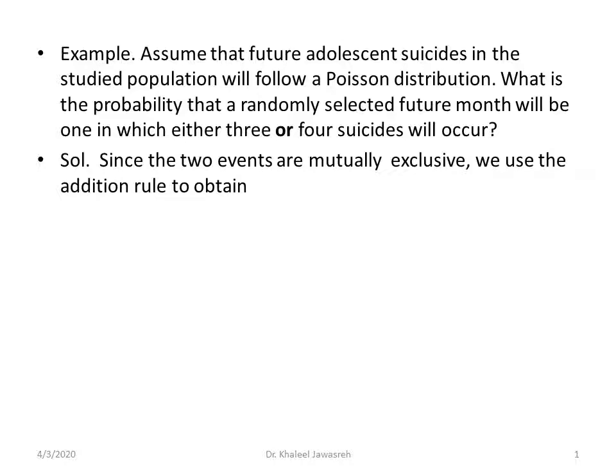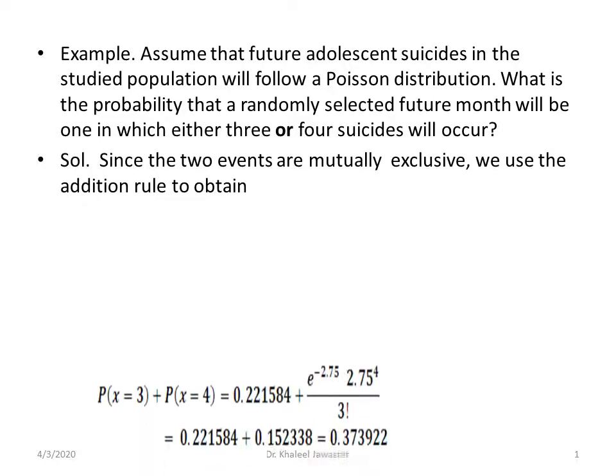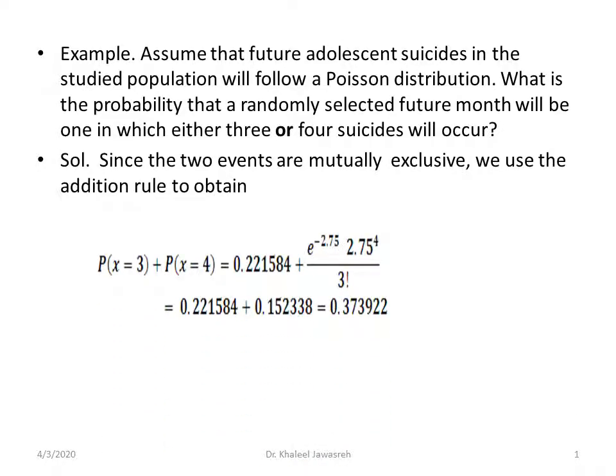Why do we use the addition rule here? Because the question here says "or", not "and". Return back to the previous lecture and you will find it. So by applying the equations, you can find the probability of x equal to 3 plus the probability of x equal to 4.